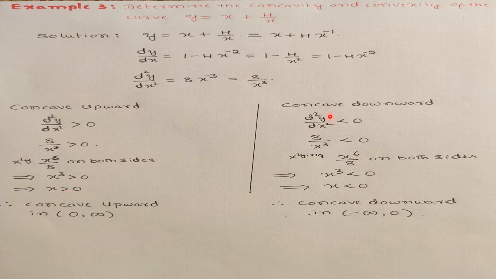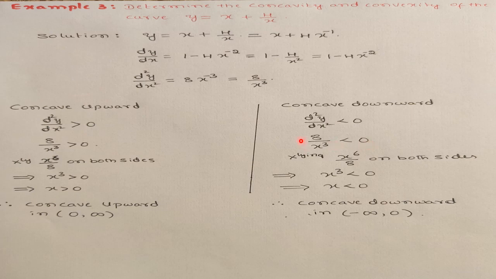That's all. For concave downward, d square y by dx square is less than 0. Therefore, the second derivative 8 divided by x cube is less than 0. 8 divided by x cube is less than 0 means x cube is less than 0. Isn't it? If you want, you can multiply x to the power 6 divided by 8 on both the sides. In RHS, it is 0.